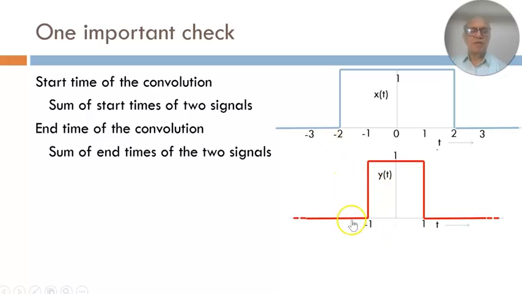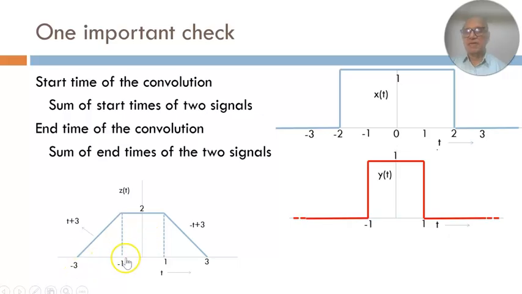So minus 2 plus minus 1 is minus 3. That is the start time of the convolution. And the end time of the convolution is the sum of the end times. So the end time for x(t) is 2 and the end time for y(t) is 1. So 2 plus 1, 3. So you expect the convolution to lie between minus 3 and plus 3. And indeed that is so, as we have verified.